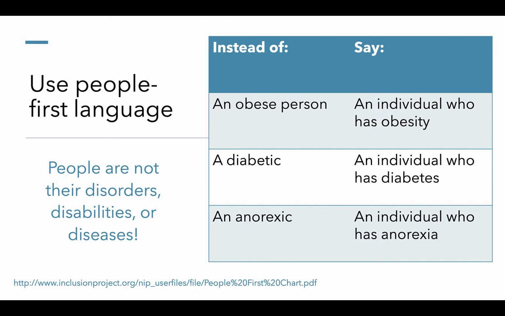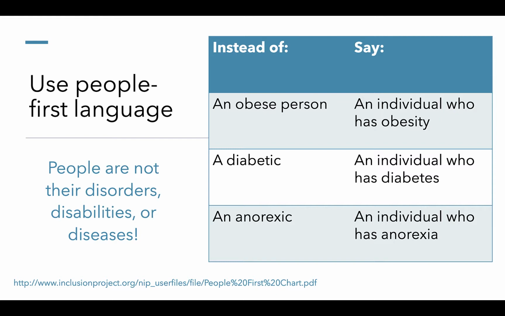Another way we can show respect to the people with whom we work is to use people-first language. Being mindful to use people-first language ensures that we are acknowledging that people are not their disorders, disabilities, or diseases. People are themselves as individuals, and sometimes they have medical or other conditions that they need help with.